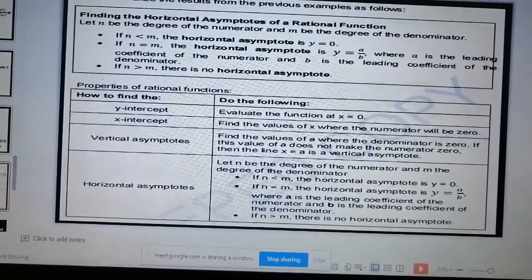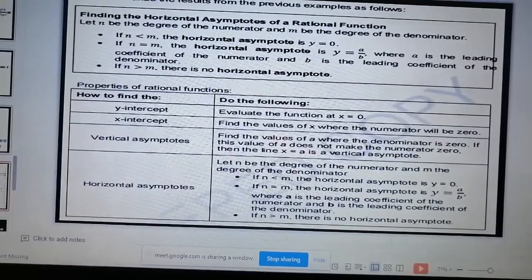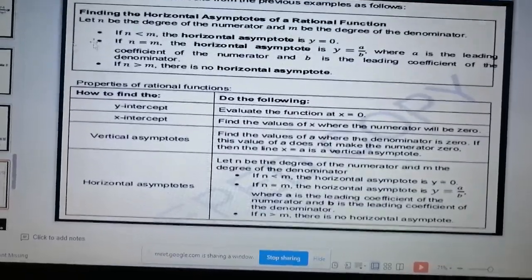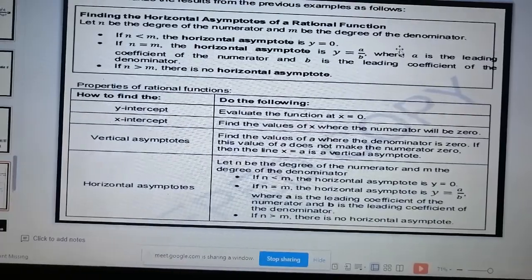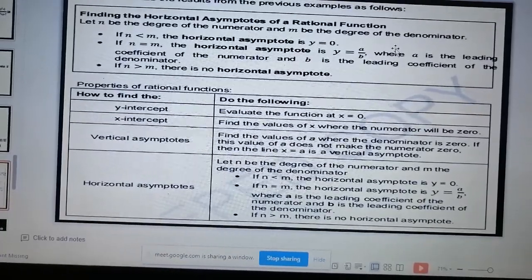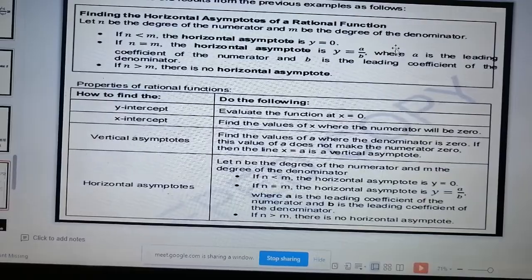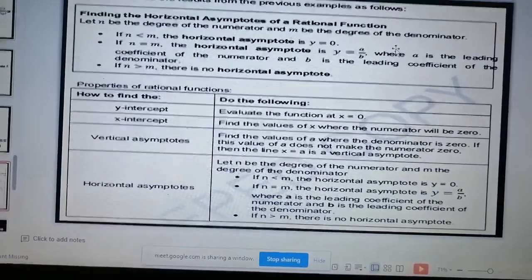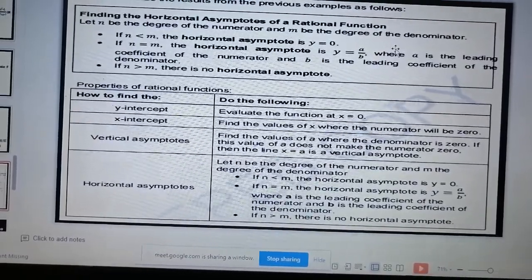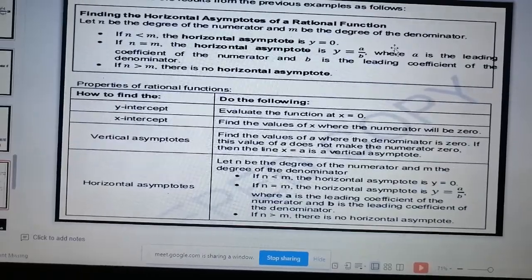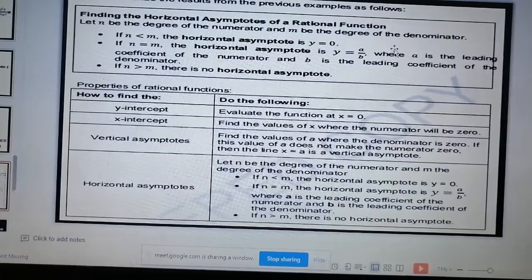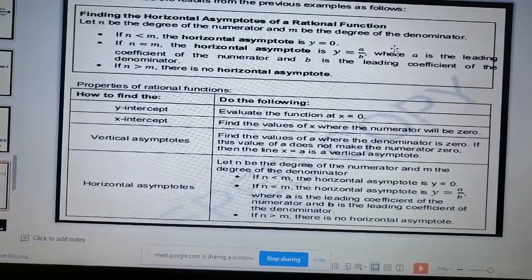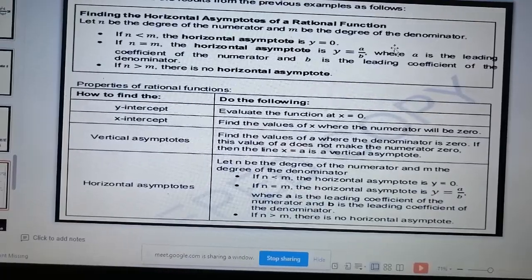Okay, to summarize the previous example, finding the horizontal asymptotes of rational functions. Let n be the degree of the numerator and m be the degree of denominator. Eto, tandaan nyo ha. Ang n degree of numerator, ang m naman degree of denominator.